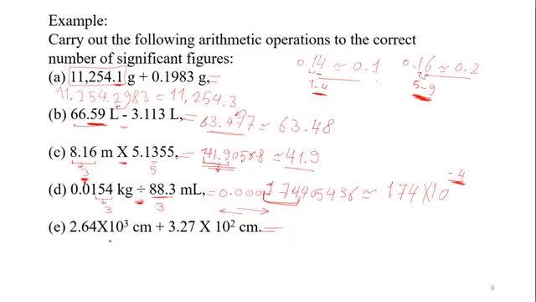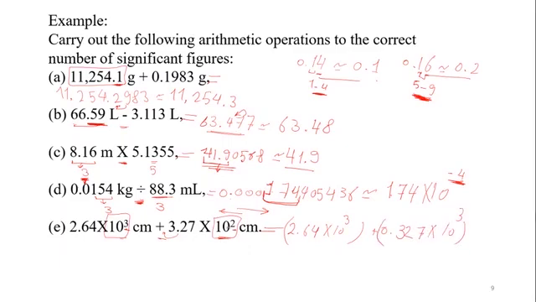In case of the last example, if I have addition of numbers that have 2 different powers of 10, it is a little bit different. So here I have 3 and here I have 2. I have to keep them the same, which means in that case I would move one of these points, so I have 10 to the power 3 in both of them. The first number I'm not going to change, multiplied by 10 to the power 3, plus, in that case, I would move my point here to be 0.327 multiplied by 10 to the power 3.